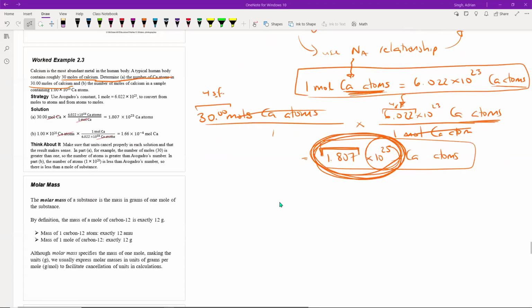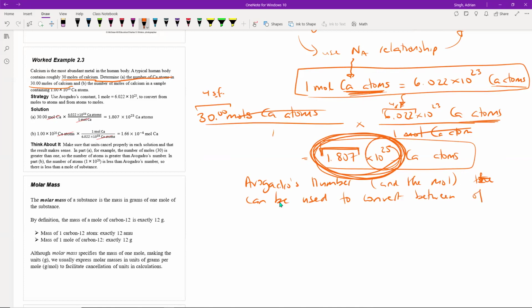So Avogadro's number and the mole can be used to convert between moles of something, or moles of, in this case, we're looking at atoms, between moles of atoms and number of atoms, right?